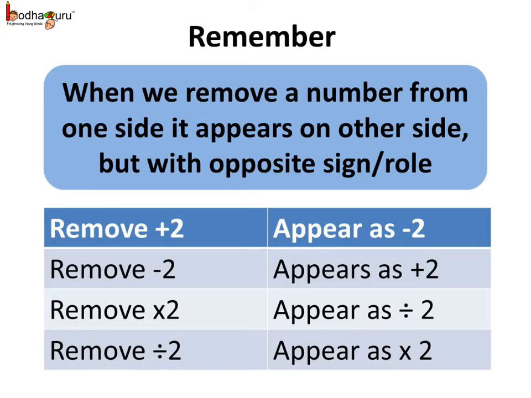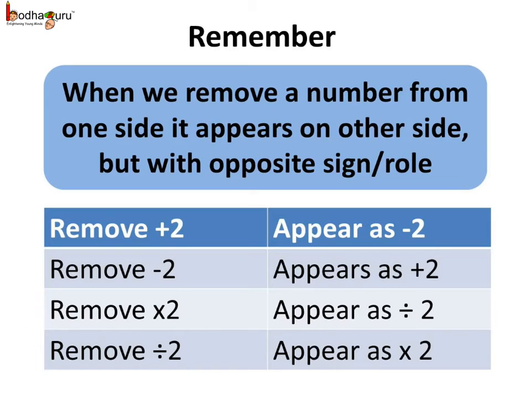So remember children what we learned today about solving a simple equation. When we remove a number from one side of the equation, it appears on the other side but with opposite sign or role, we can say. For example, when we remove plus 2 from one side, it appears as minus 2 on the other side, and multiplier becomes the divisor, and vice versa.